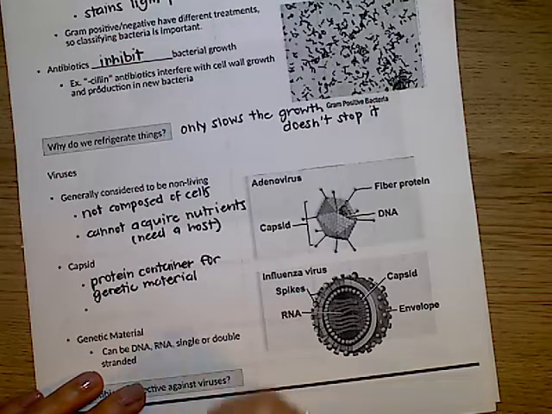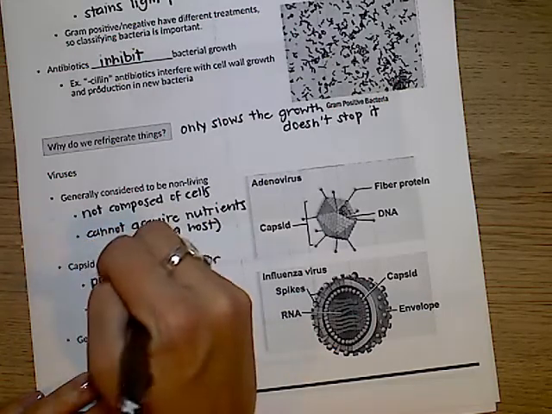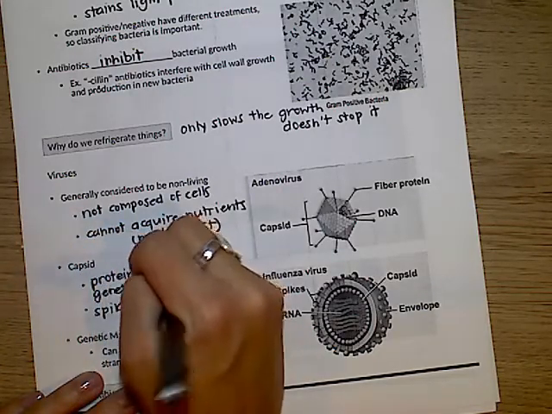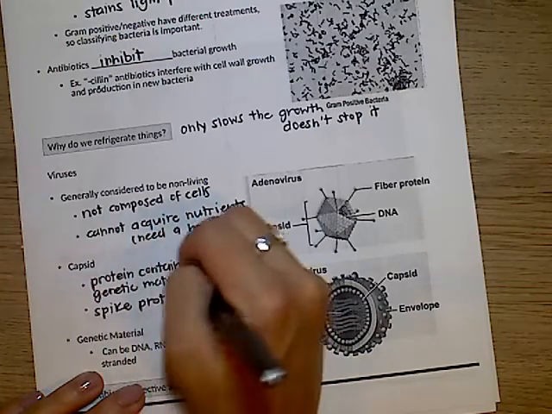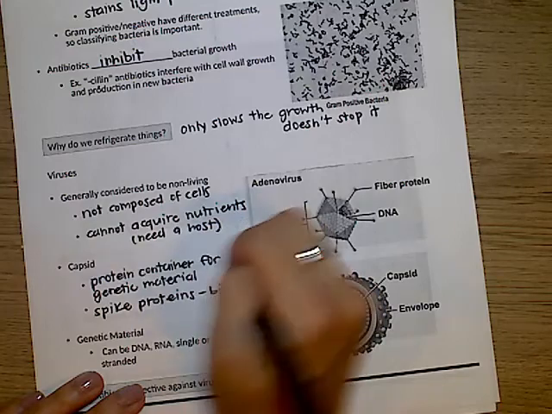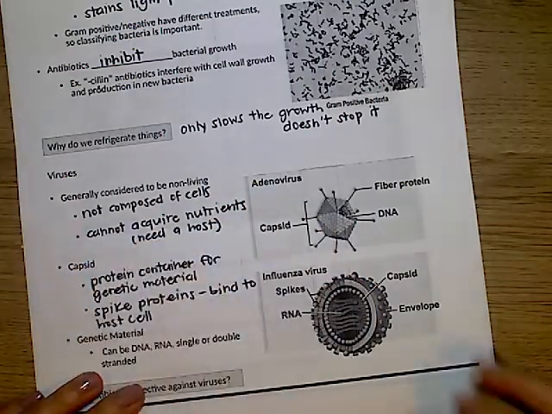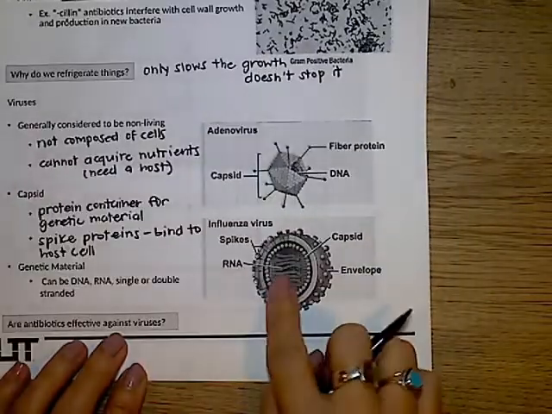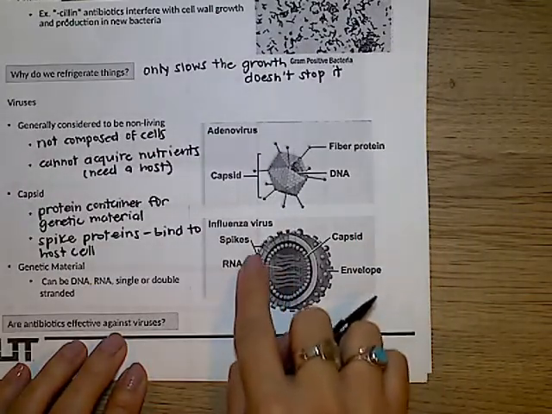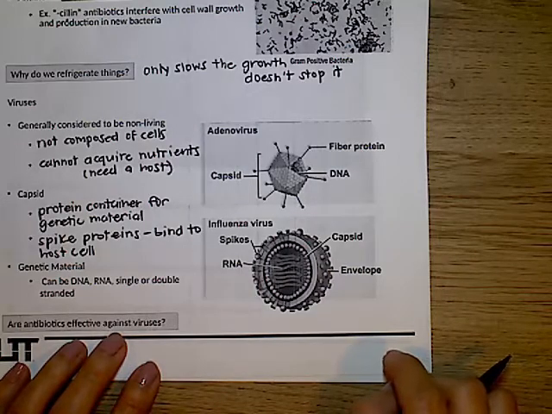And you also need to know spike proteins. And this helps them bind to the host cell. So this is the influenza virus here, and you can see its spike proteins on the outside to help it attach to the host cell.